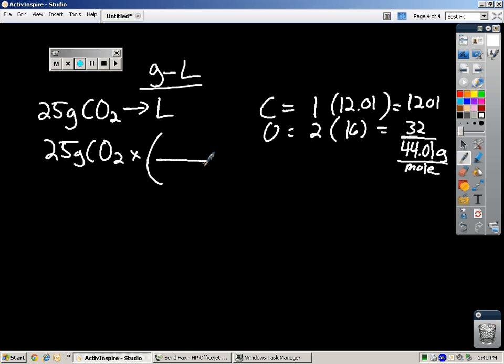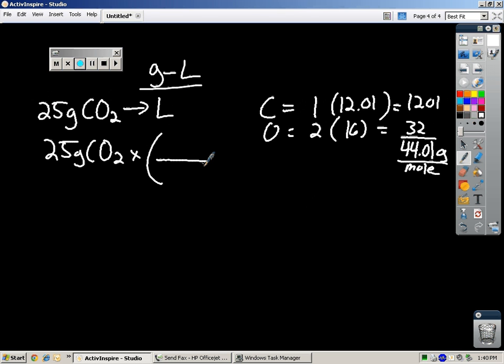Hannah. What's going to go down here? Not 1 gram. Not 25 grams. Not 2.4. 44.